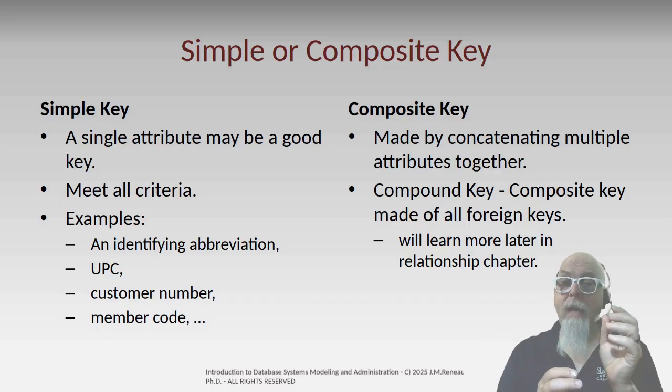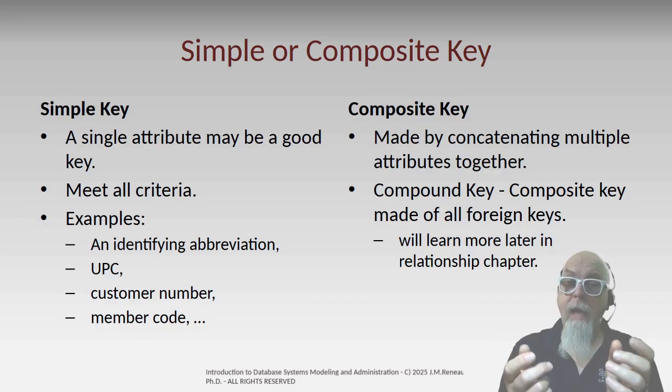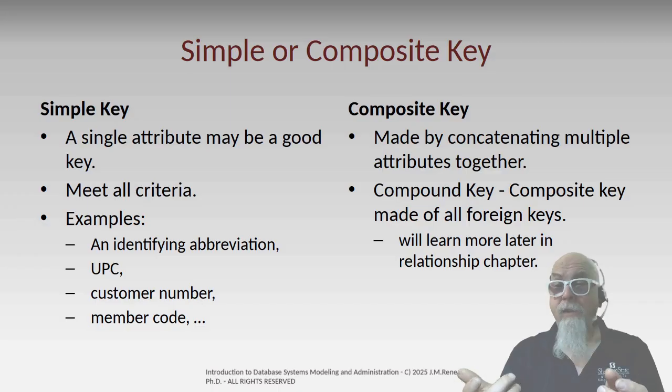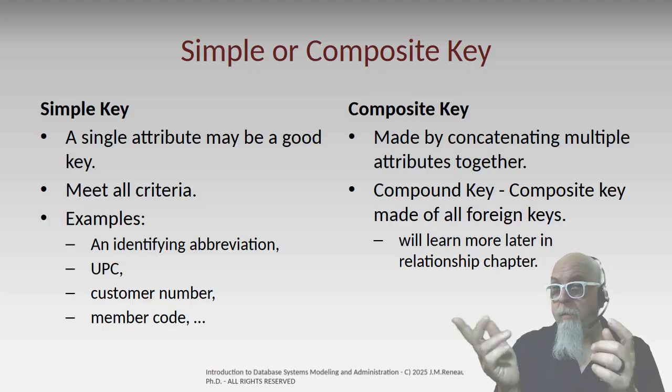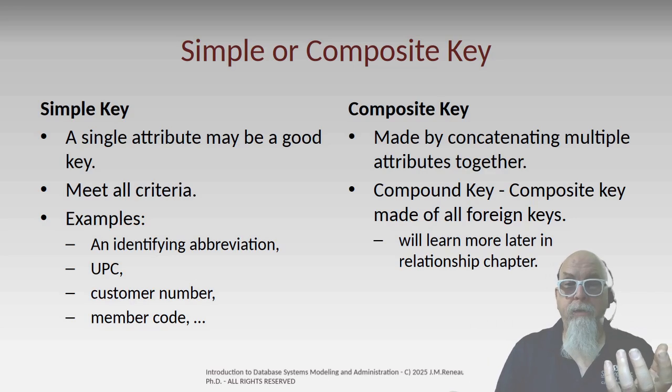So we get this item from ABC Supply and it's number one. So it would be ABC1, where we get this item from XYZ Company and it's also number one, but it's a different item. It's a different product because XYZ calls it one, ABC calls it one, but they're two different things because we're buying them from two different vendors.